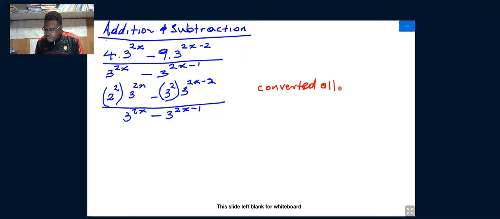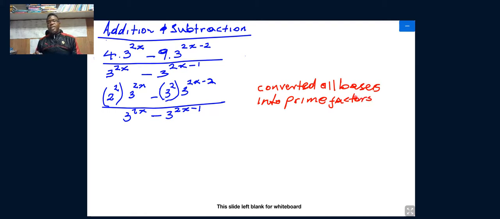What is a prime factor? A prime factor is any number that can be divided by two numbers only.